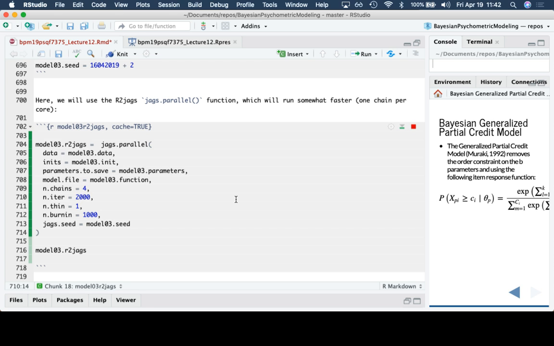So we fit a nominal model and constrain the ordered part, similar to the graded response. Partial credit.